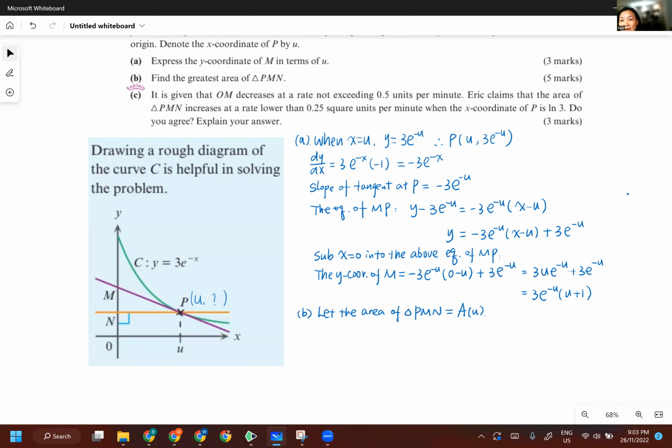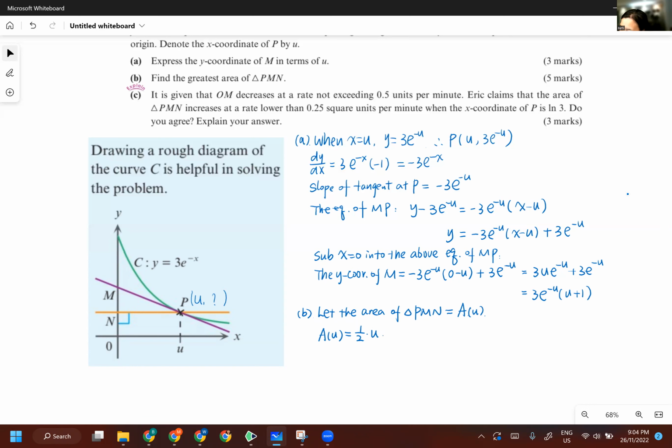I need to find it in terms of u. A(u) equals 1/2 times base, which is MP, times height, which is MN.